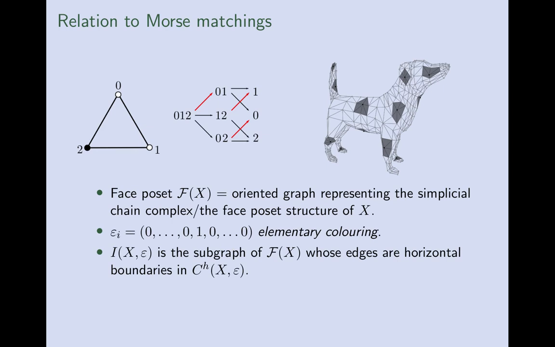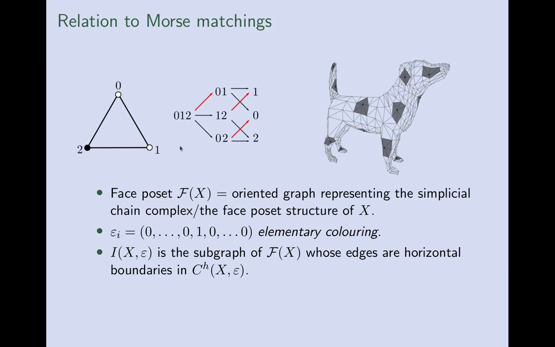Now, given this bi-colored simplicial complex, we can encode the information about the coloring in the face poset through this I_x^epsilon. These are subgraphs of the face poset whose only edges are those given by the horizontal boundaries in the horizontal complex. What do I mean by this?